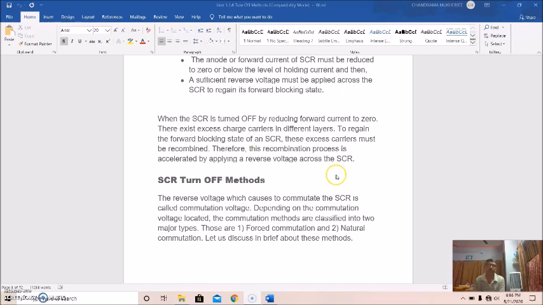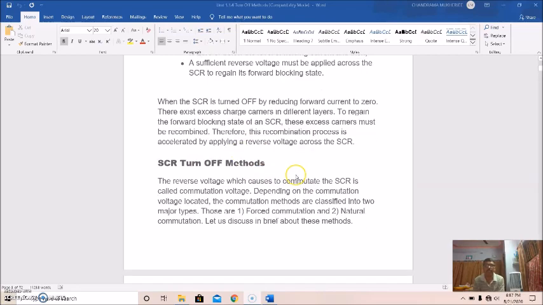Therefore, this recombination process is accelerated by applying a reverse voltage across the thyristor. So, how to recombine these excess carriers lying in the different layers? This recombination process can be completed by applying a reverse voltage across the SCR.